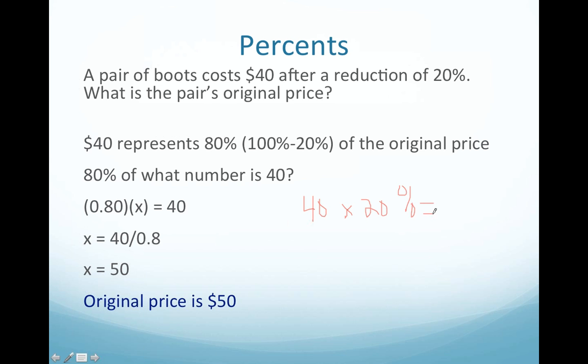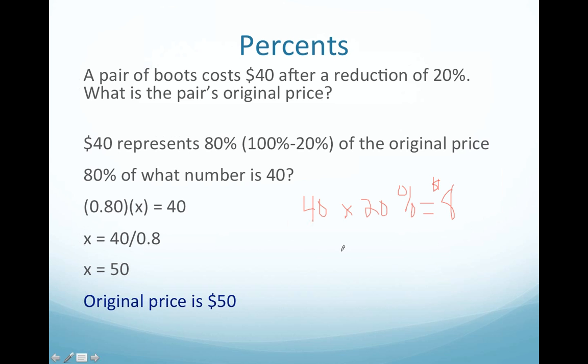Okay, that would give us 8. And we know the original price can't be $8. Not if you're getting a discount and the price after the discount is 40, that price actually went up. So we know it couldn't be 8.